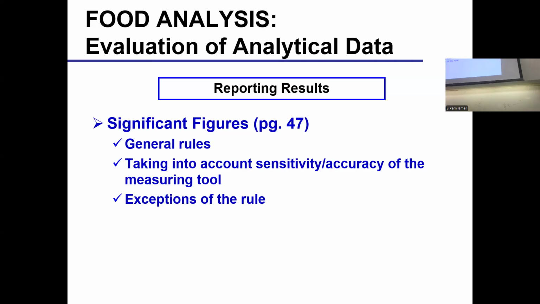So we always check to what digit the tool we're using is accurate. That will help with figuring out the exceptions of the rule when you don't want to lose sensitivity, and you want to consider the tool you're using and to what decimal point it is accurate.